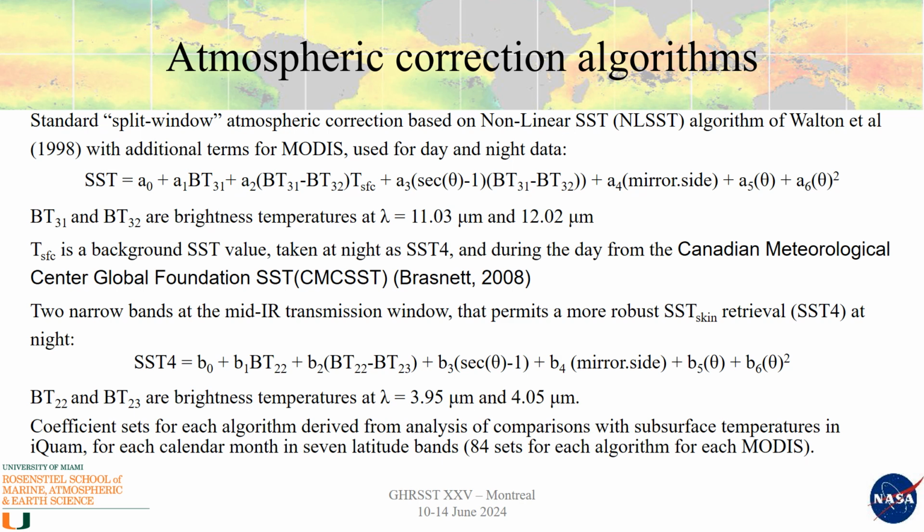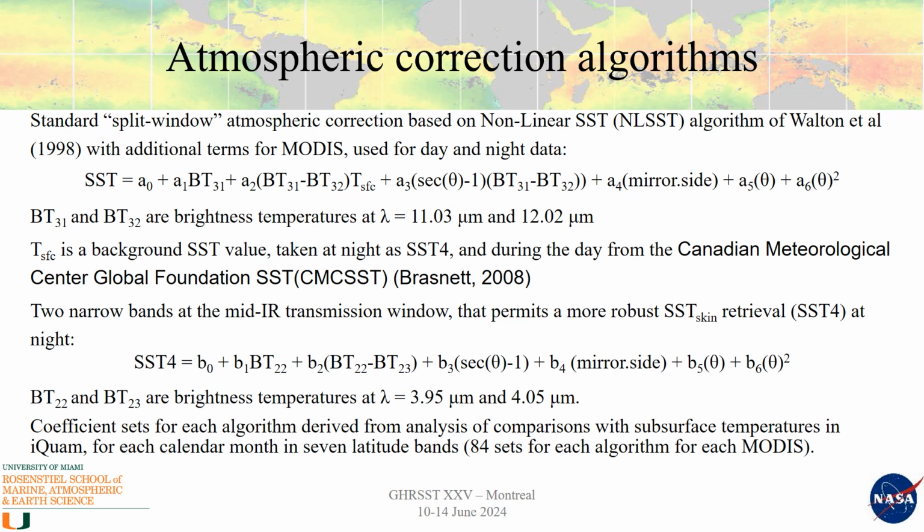The T surface is a background SST which is used to scale the brightness temperature difference correction. And this is because the brightness temperature differences in band 31 and 32 can be the same, but for very different types of atmospheres. Therefore, if a single correction in brightness temperature difference is applied, there can be significant regional bias errors.